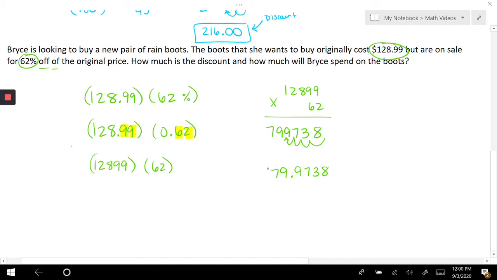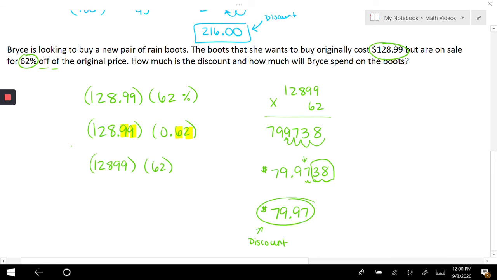Now, this is the discount, but if you notice, we go on past my penny, my last penny part. I have my 38 that's left over, so I'm going to need to do some rounding. So if I'm going to be stopping here to the nearest cent, I have to look at that last number to see where am I going with it. And the last number is a 3, which means I'm rounding down. So 79.97, that's my discount.